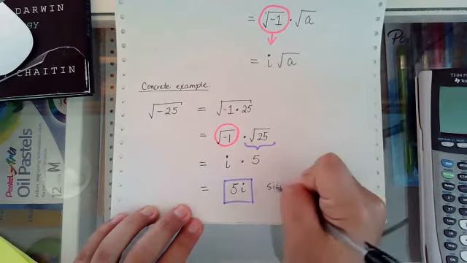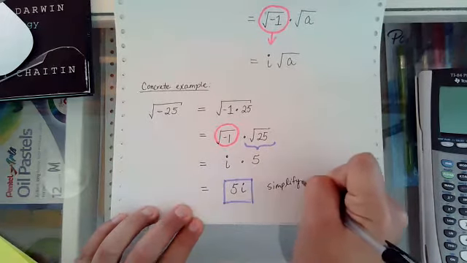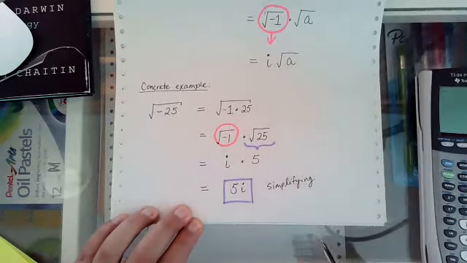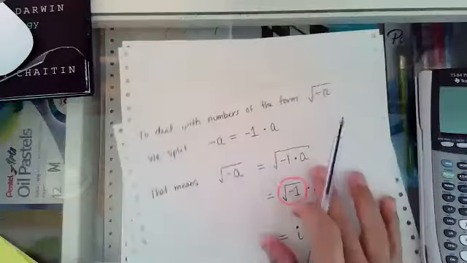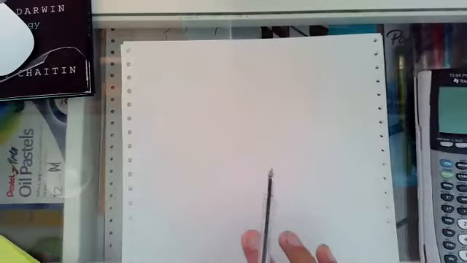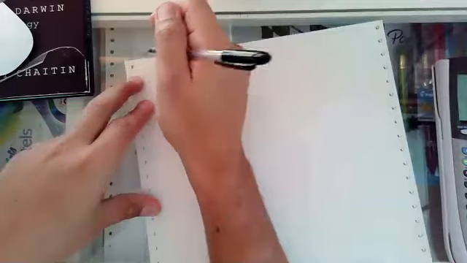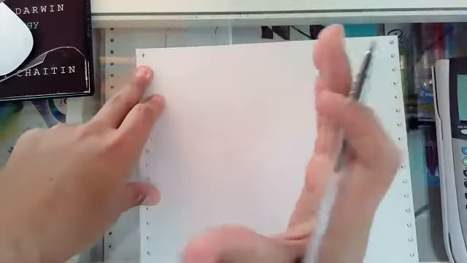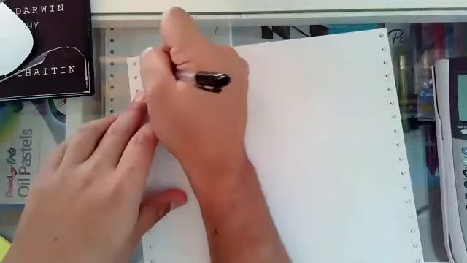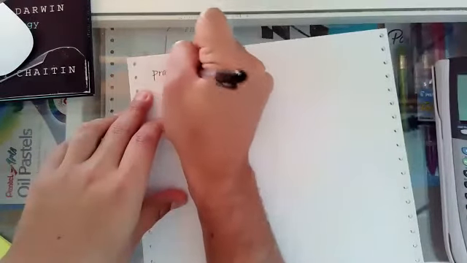So that's how we're going to go about simplifying these negative square roots. Okay, so what I want to do is give you guys some practice problems and throw you into breakout rooms, because since we simplified a bunch of radicals last time, this process should be very simple, with the exception of the new imaginary unit that we have to put in there. So let's get some practice in.